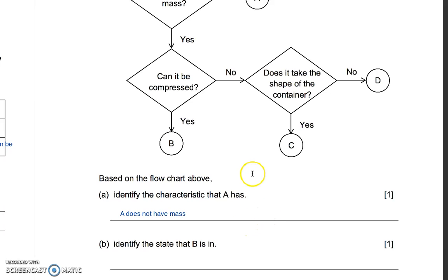Because it does not have mass, it is most probably not a matter. Yes, it has mass and it comes down to B.